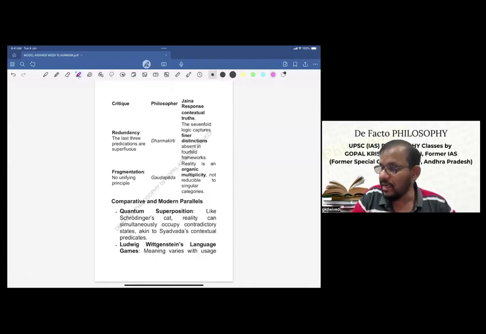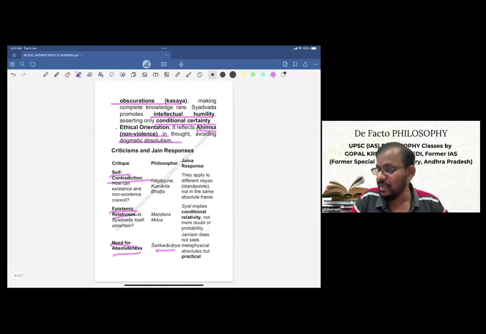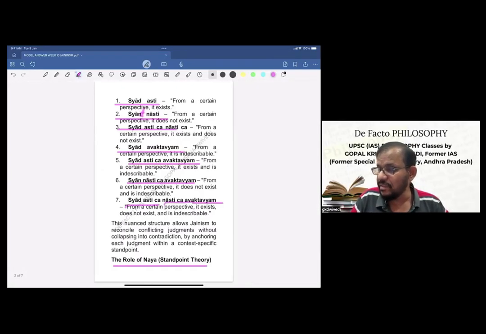Now, another point is redundancy. Dharmakirti, another philosopher, has raised this: that the last three predications are superfluous. What are the last three? Syad asti cha avaktavyam, Syad nasti cha avaktavyam, Syad asti cha nasti cha avaktavyam. So 5, 6, 7.